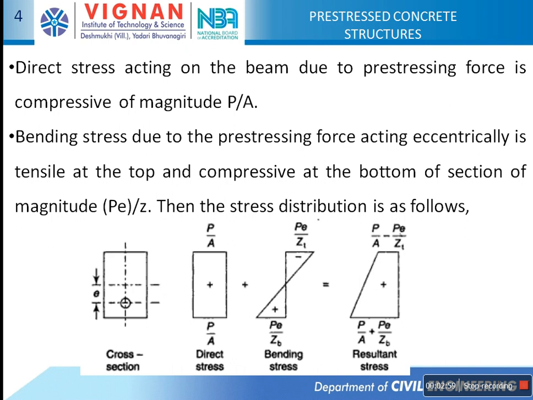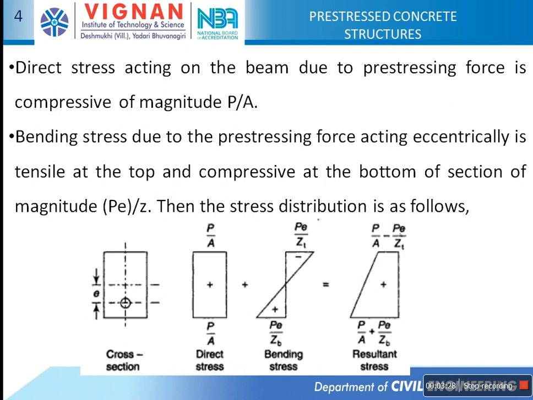So the value of this stress due to the bending moment M is M by Z. So we consider M by Zt, where Zt is the section modulus of the top fibers, at the top of the section, and M by Zb, where Zb is the section modulus of the bottom fibers, at the bottom of the section. The magnitude of moment M will be equal to the product of the pre-stressing force P and the eccentricity e.